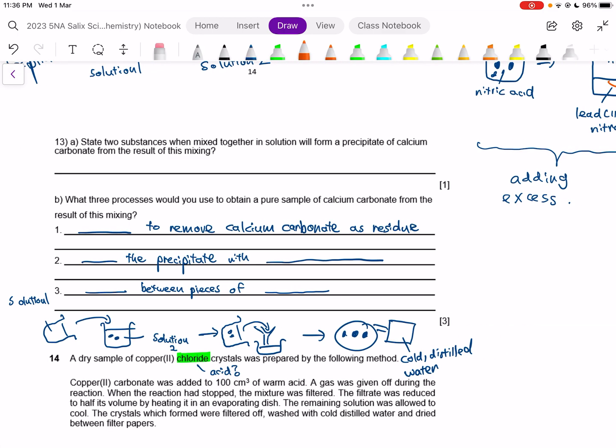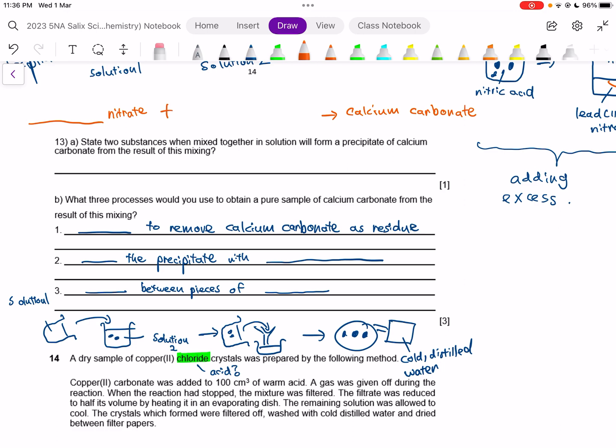Okay, let's have a look. This is calcium carbonate. One is a nitrate, remember what we said earlier on.